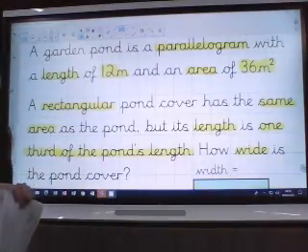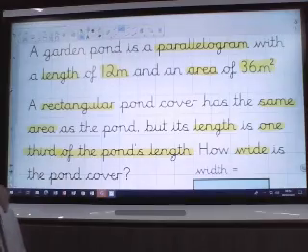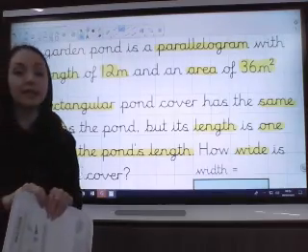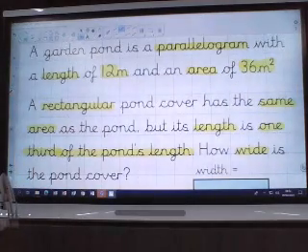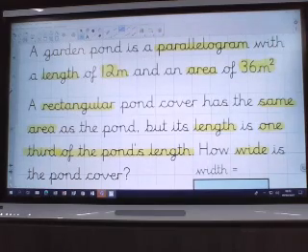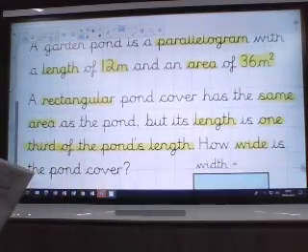It says, a garden is a parallelogram with a length of 12 metres and an area of 36 metres squared. A rectangular pond cover has the same area as the pond, but its length is 1/3 of the pond's length. How wide is the pond cover?